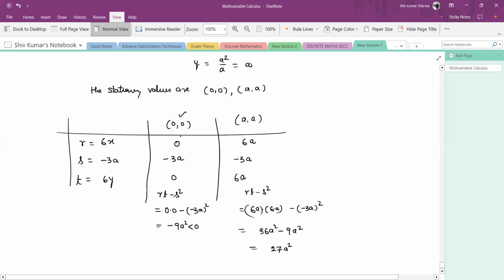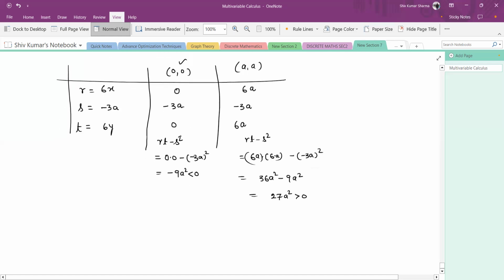For any value of a, a square is positive, so 27a square is always greater than 0. So the origin (0, 0) has no extreme value, but this second point has an extreme value.